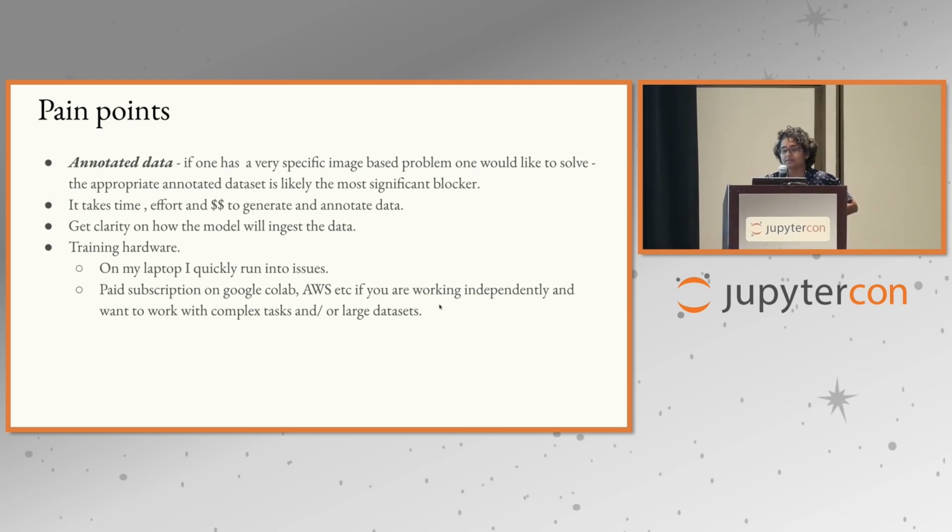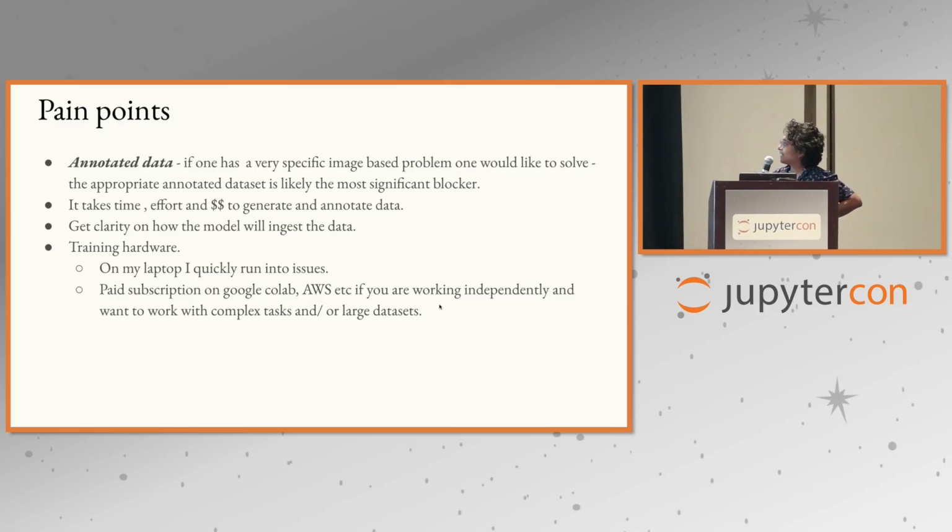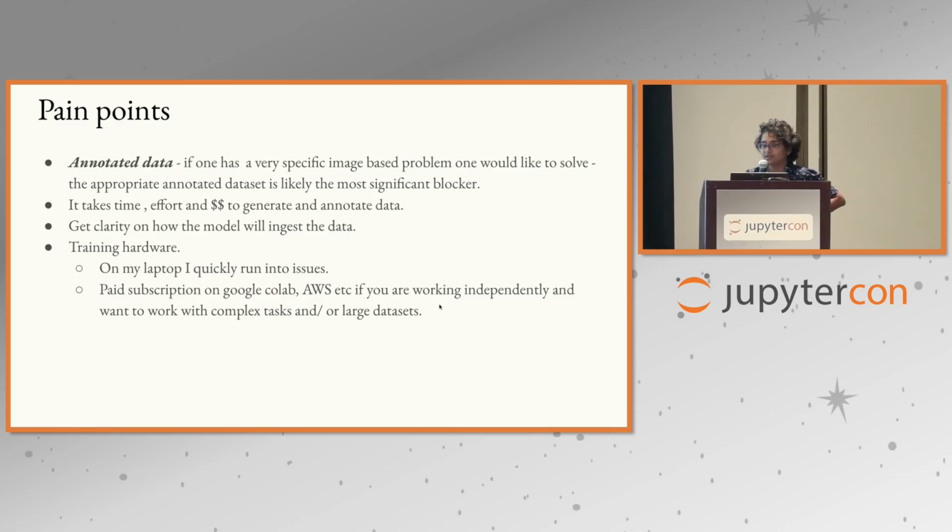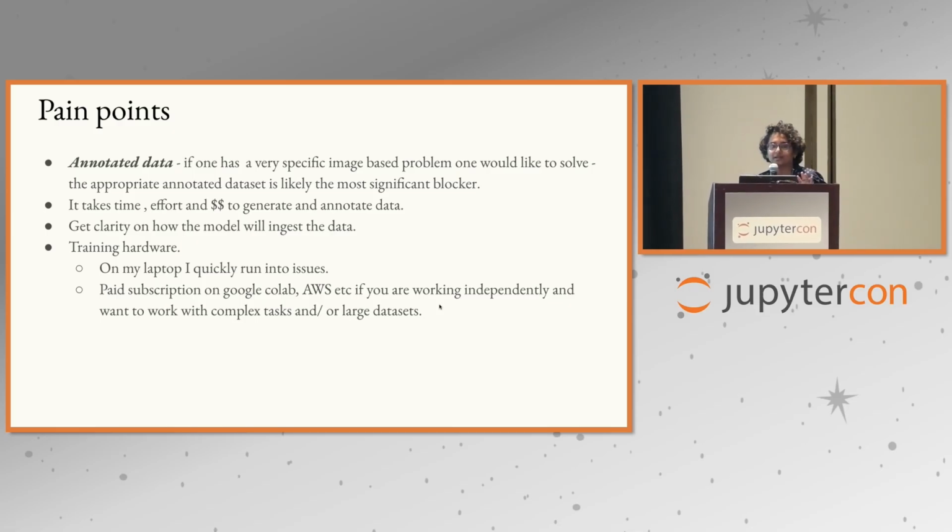It always takes a lot of time, effort, and money to generate and annotate data, particularly biology-based data sets. The other thing I will say is it's important to get clarity on how the model is ingesting data. These are all tensor-based models, right? You need to be very sure what dimension is going in, what dimension is coming out. That's a slippery slope.